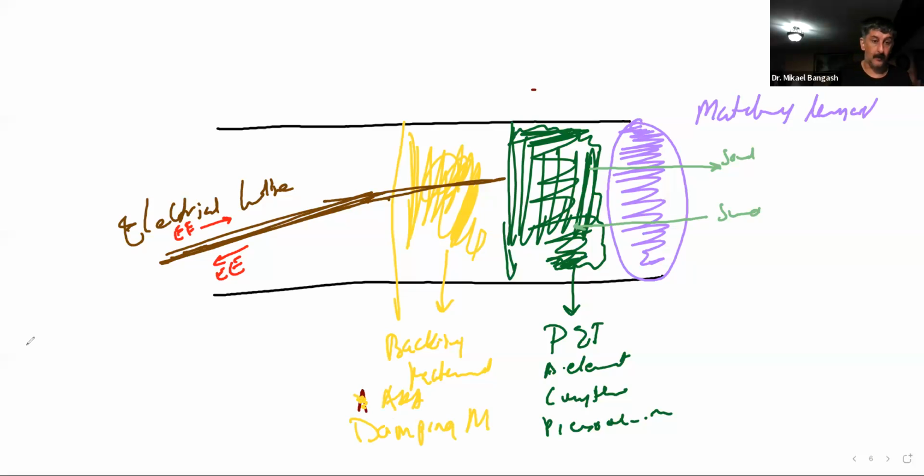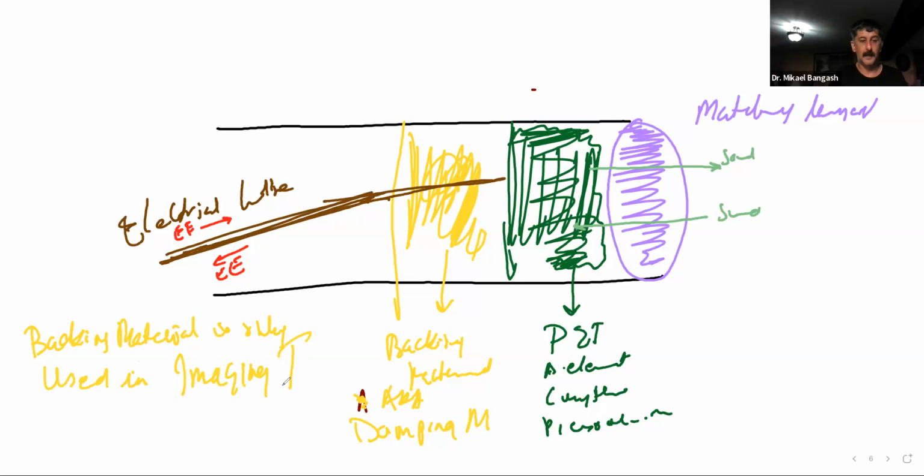Clear? One thing about backing material or damping material, whichever: the backing material is only used in imaging transducers.